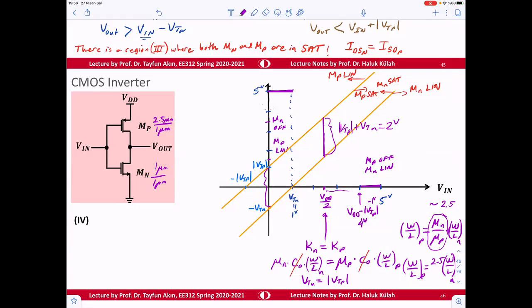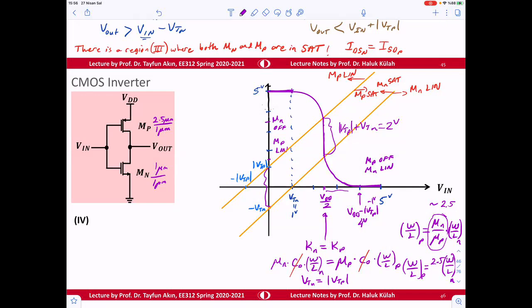If you combine them and complete this drawing, this will be a very nice curvature like this, and then this will be a very nice curvature like this. The slope at these points is going to be 0, so a very nice transition occurs here.